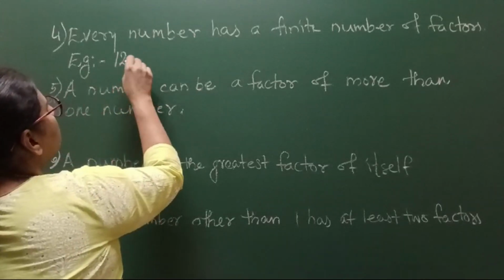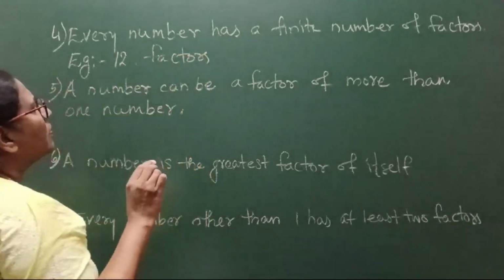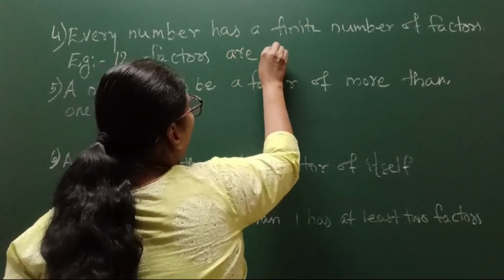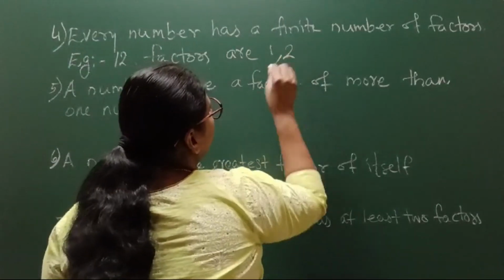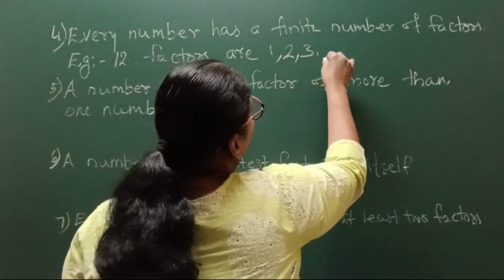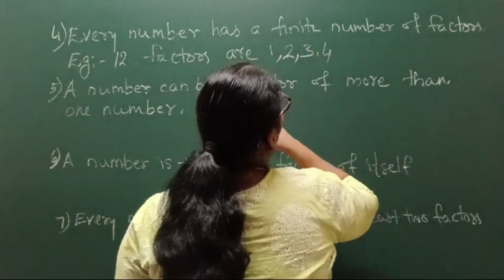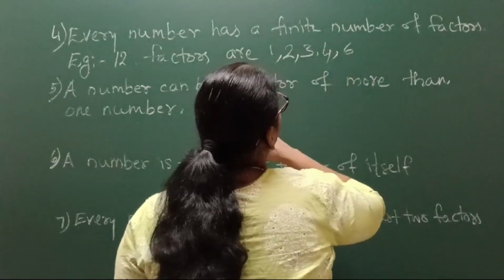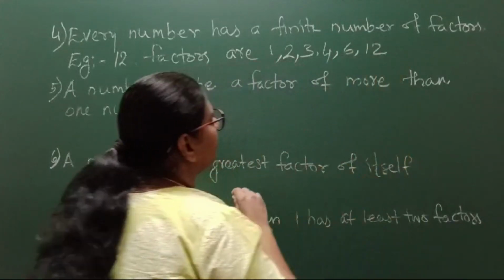This number's factors are 1, then 2 6s are 12, then 3 4s are 12, then 4 3s are 12, 6 2s are 12, then 12 itself.